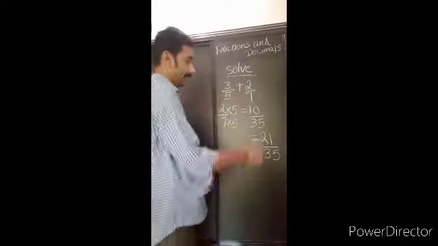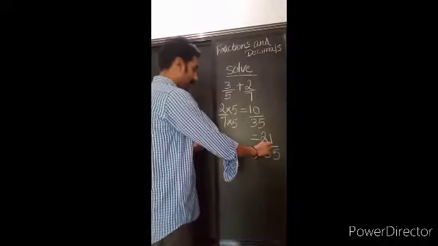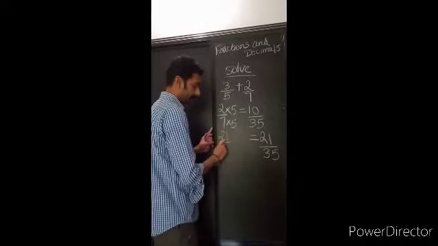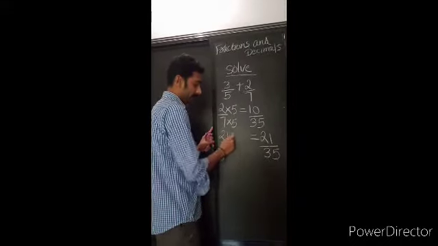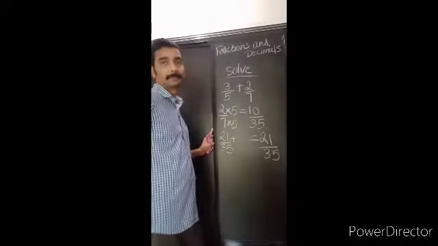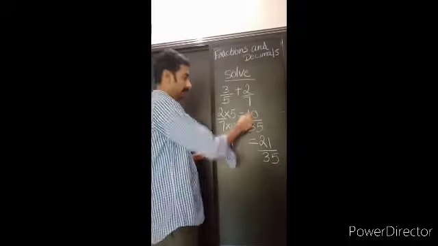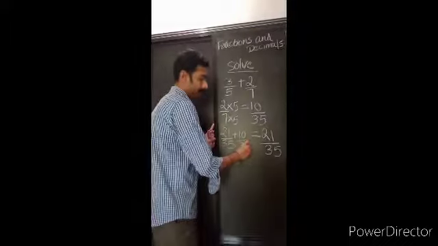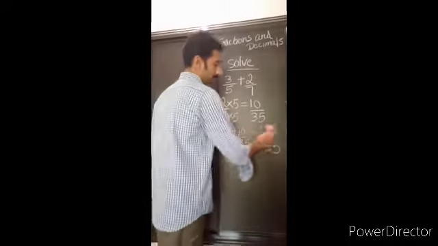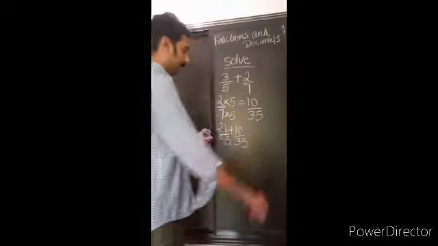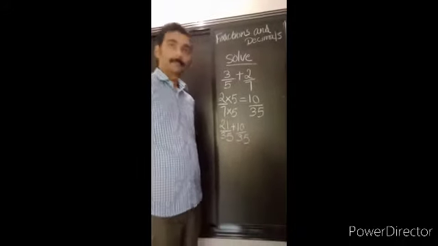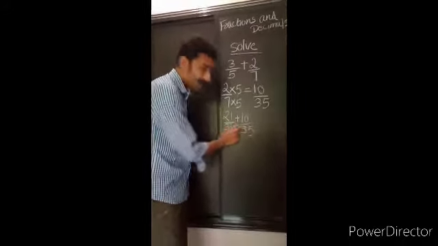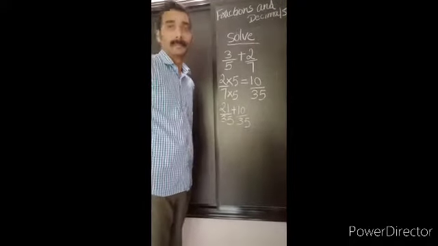Then add 21 by 35 plus 10 by 35. Both denominators are the same.